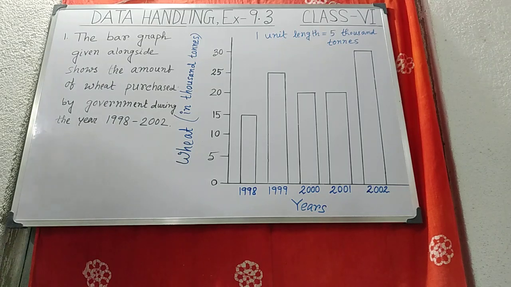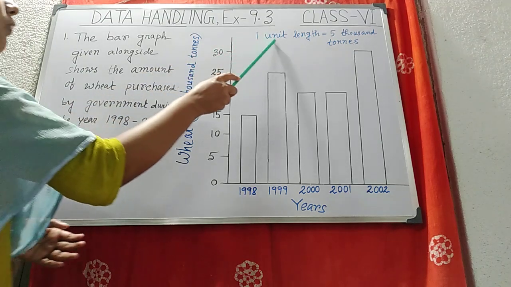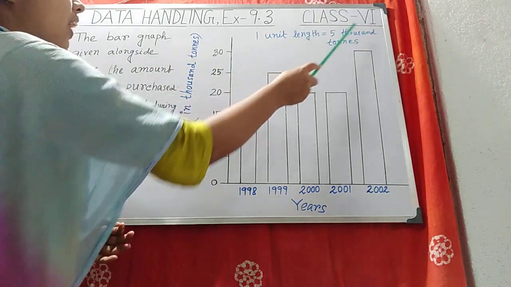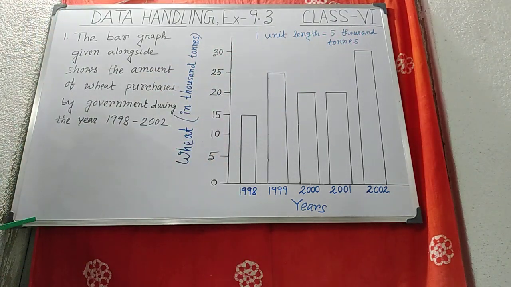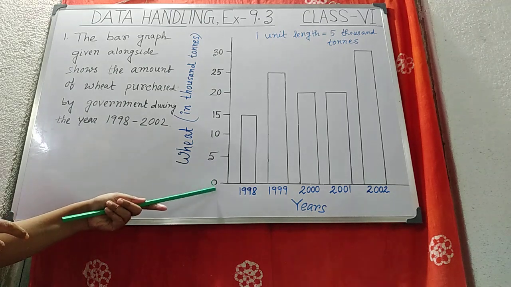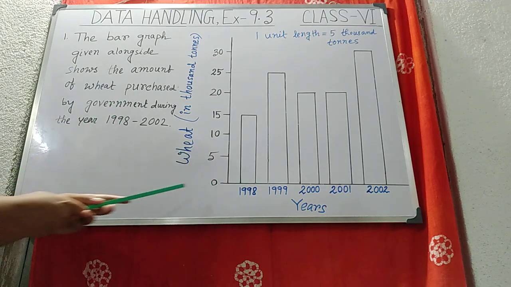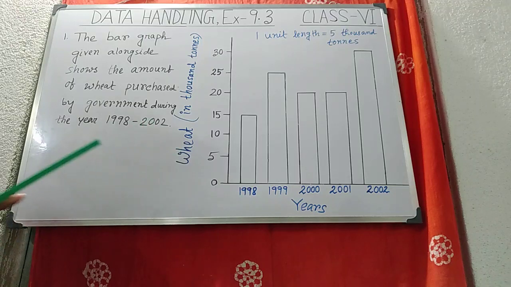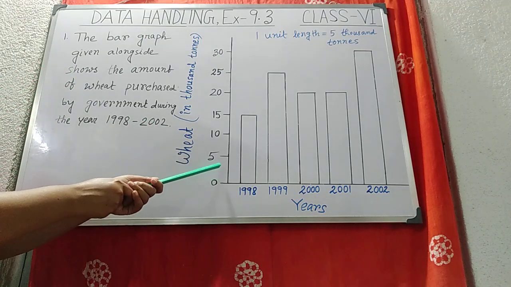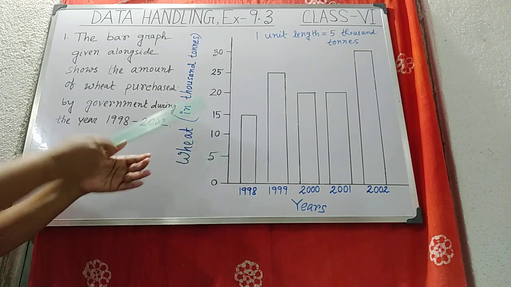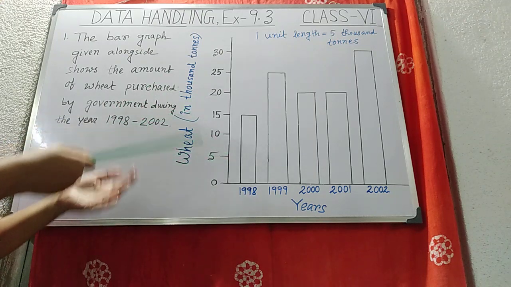One more thing is written on the board: 1 unit length equals 5000 tons. Here we can see that after 0, 5 is written. Between 0 and 5 there are units, like 1 unit, 2 units, 3 units, 4 units, 5 units.